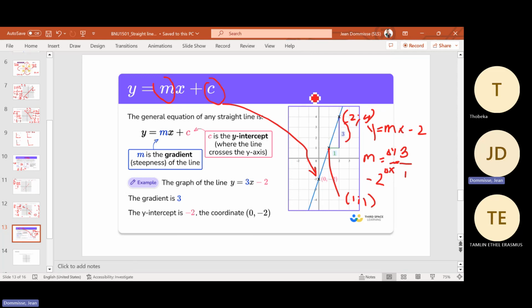If we get change in y over change in x, the points give 4 minus 1 and 2 minus 1. We get exactly the same 3 over 1.